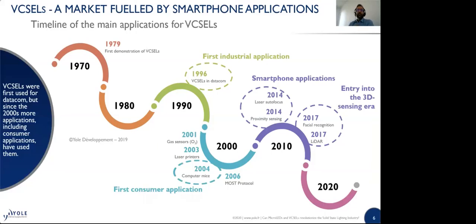Now that this has been said, let's focus on the VCSEL topic. So again, VCSELs aren't a new technology. They have come back to the front of the scene in the last few years, mostly fueled by the smartphone application. You remember back in November 2017 when Apple released the iPhone X with a new feature called Face ID? It was detecting and recognizing the smartphone owner and unlocking the phone thanks to 3 different VCSELs working together.